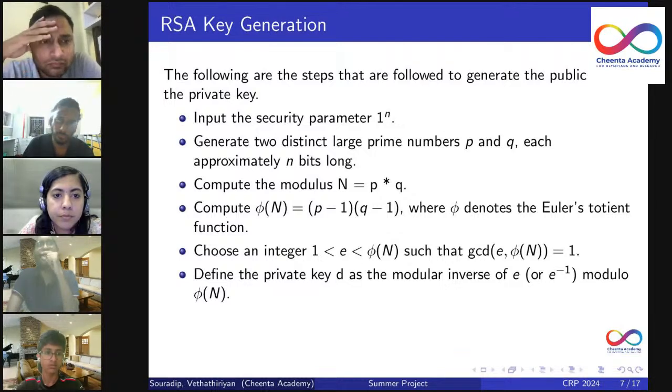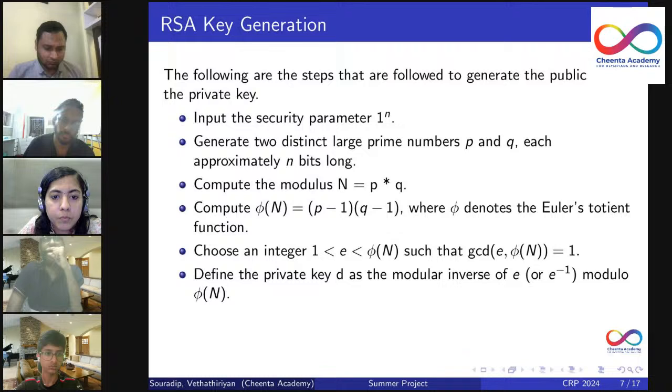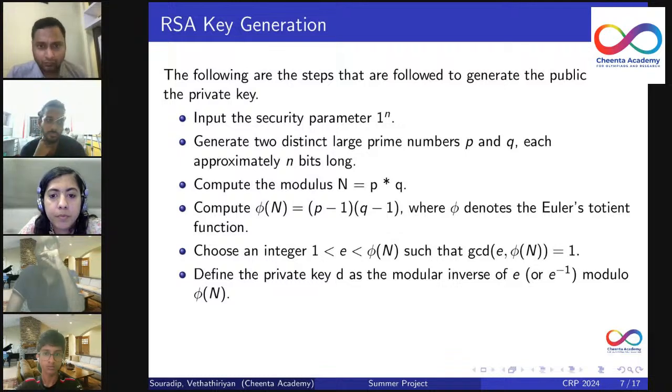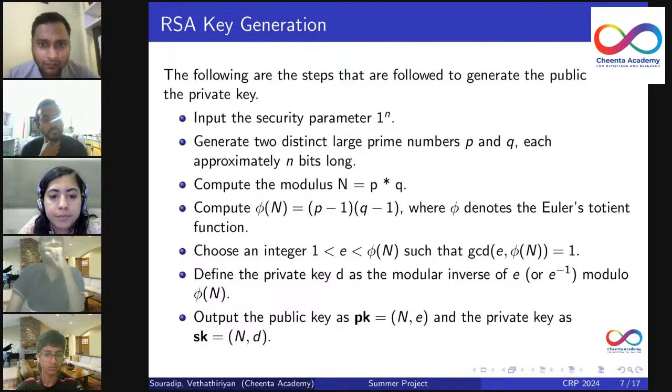We choose this because we next define the private key d as the modular inverse of e modulo phi of N. The GCD condition is crucial, because otherwise there won't be any modular inverse modulo phi of N. Then the private key is defined as sk equal to (N, d), and the public key, which will be accessible to all, is pk equal to (N, e).